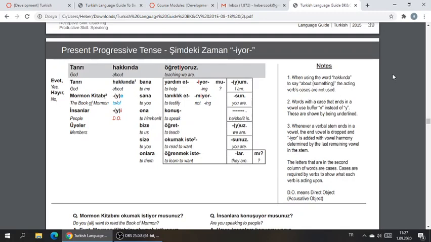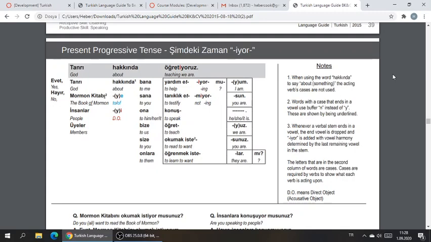All right. So in four-way vowel harmony, I'll remind us, A or I is I, E or İ is İ, O or U is U, Ö or Ü is Ü.